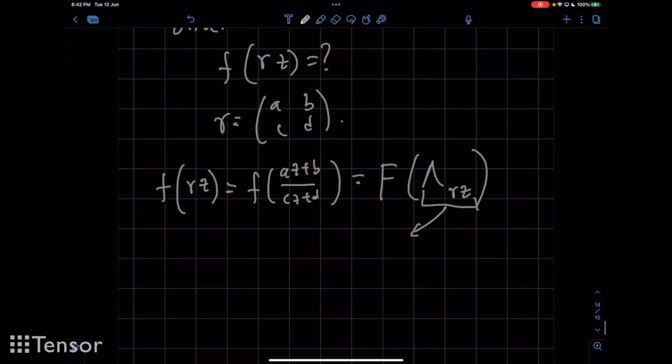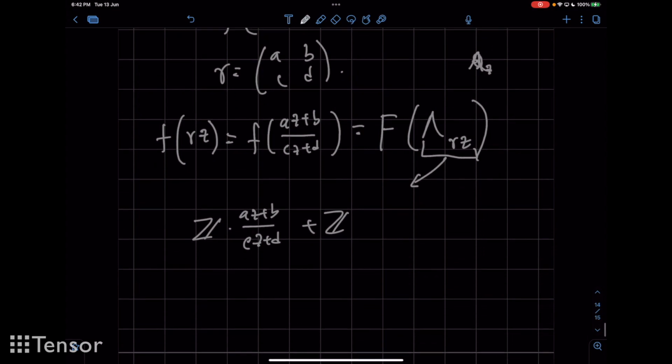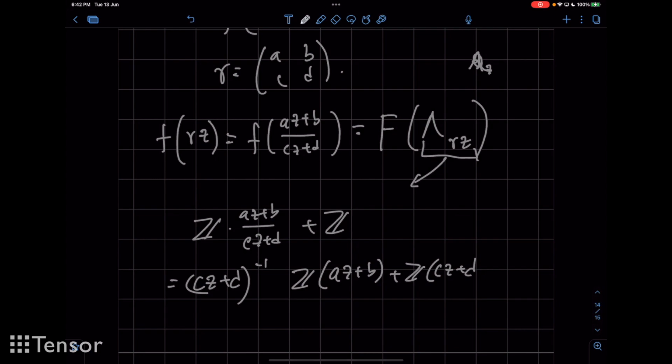Exactly. So this lattice is equal to z times (az plus b over cz plus d) plus z, right? So that is how we define this lambda subset. And we can write it like this: (cz plus d) inverse times (z(az plus b) plus z(cz plus d)), right?